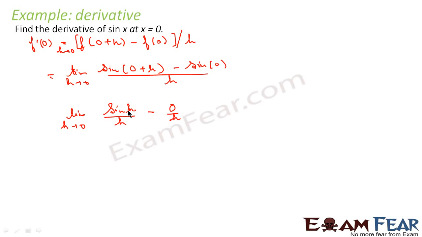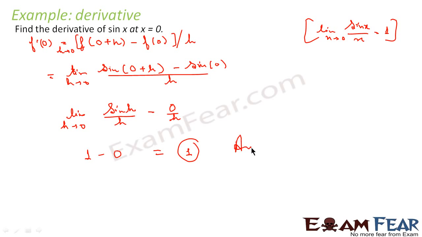So limit of sine of h by h where h tends to 0, we have this formula: sine x by x where x tends to 0 is nothing but 1. Correct? So here x is nothing but h. So this value will be 1. So this becomes 1 minus 0, and that is equal to 1. So derivative of sine x at x equal to 0 is nothing but 1.